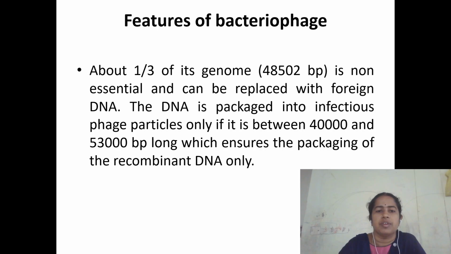Features of bacteriophage. One third of the genome is non-essential and can be replaced by foreign DNA. Hence, 40,000 to 53,000 base pairs can be inserted for packing recombinant DNA only. In plasmids, we saw 10,000 base pairs, but here in bacteriophage, we can pack 4 times more than that of the plasmids.